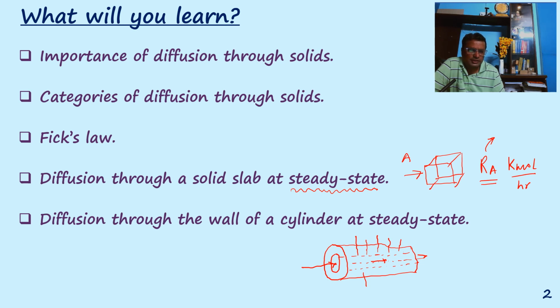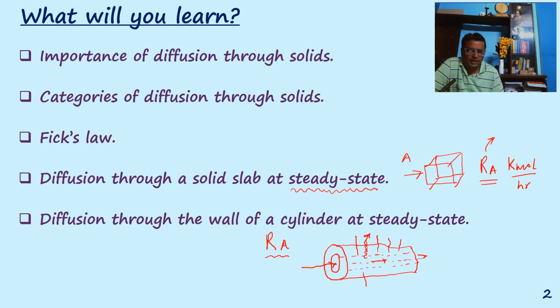It is possible that the liquid may diffuse through the pipe wall and get lost into the atmosphere. So our discussion on diffusion through the wall of a cylinder at steady state will give us an equation for calculating the rate of such diffusion.